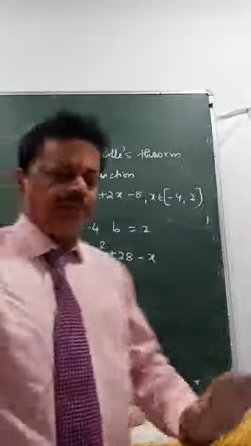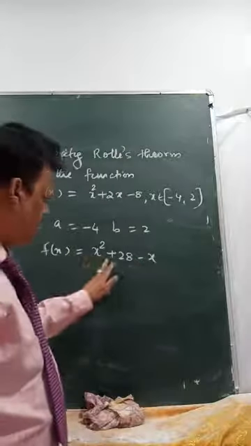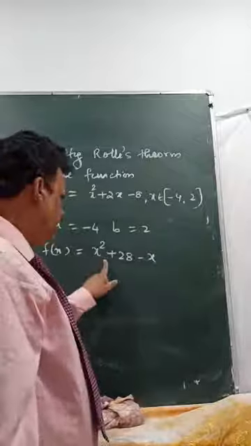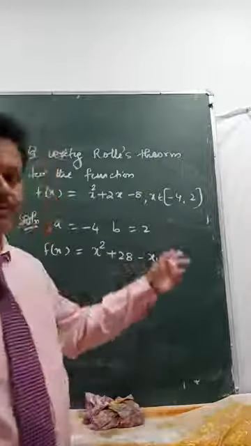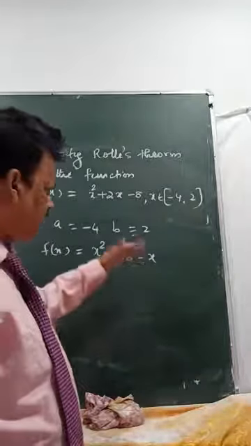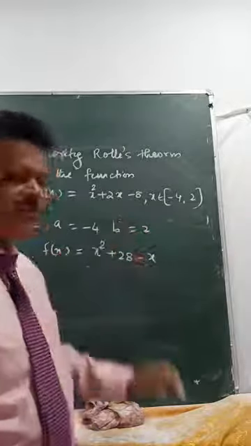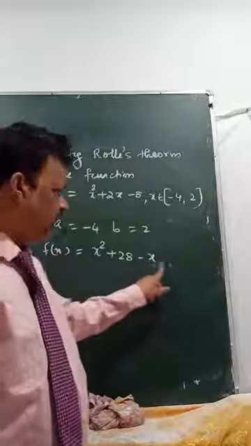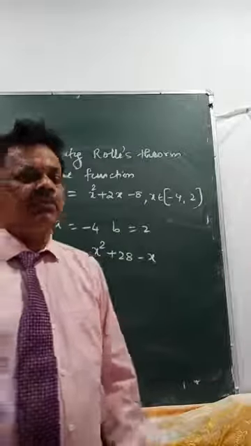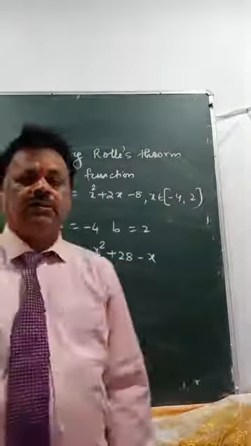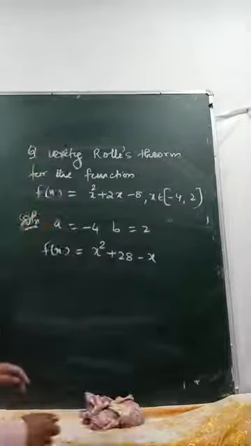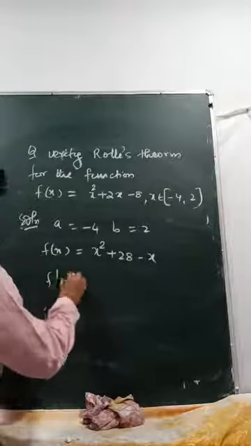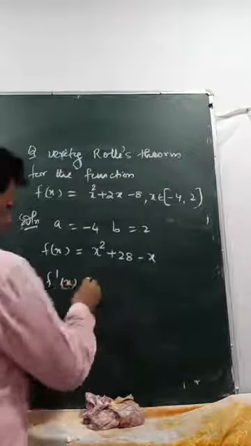Now listen to me. If this is differentiable, this is also continuous, because every differentiable function is continuous, but every continuous function may or may not be differentiable. So if you just prove it is differentiable, the first point is also proved, then you can say that it is also continuous. So for that, find f dash x. Derivative is existing or not?